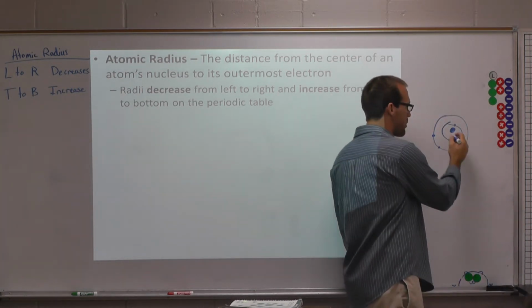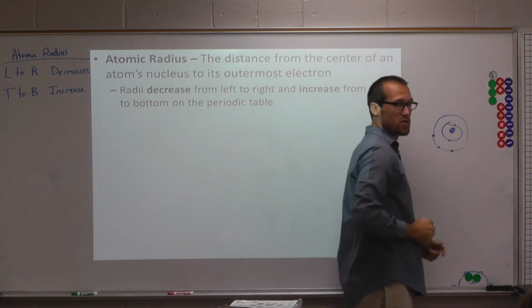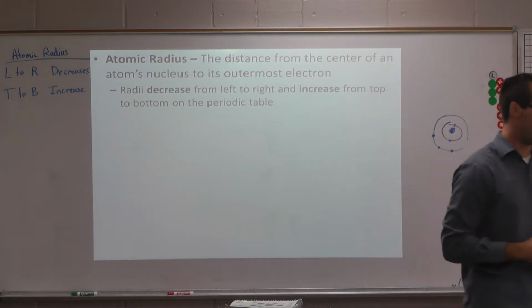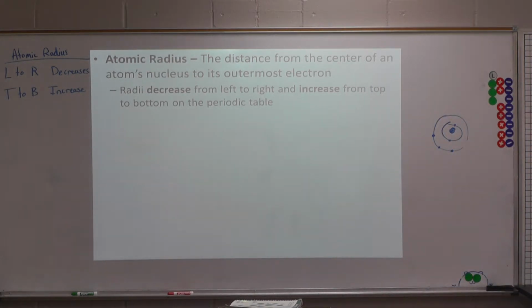But we're also adding protons in the middle here. As you add protons, for whatever reason, the protons are really twice as effective in pulling all of the electrons closer to the nucleus as an additional electron is in repelling everything else away from the nucleus. It's kind of tricky.